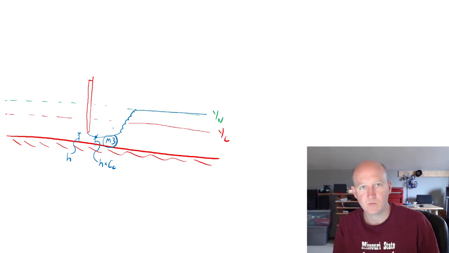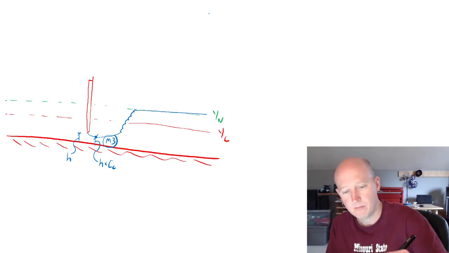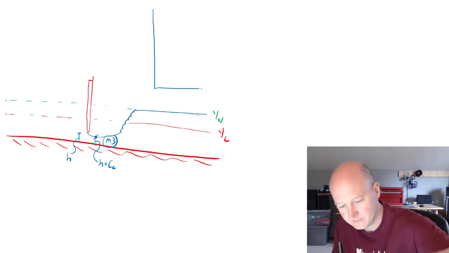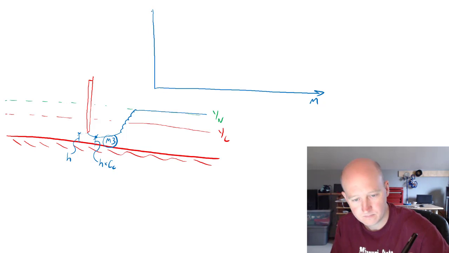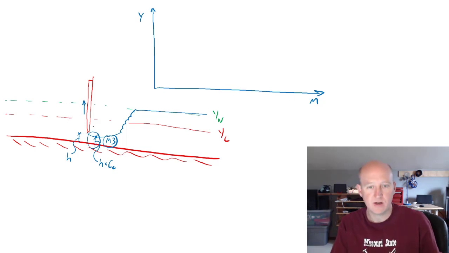Let's take a look at how this works in the specific force and energy diagram. So mostly we're interested in the specific force diagram. Basically, if the gate goes up, this depth goes up, or if the gate goes down, then the depth goes down.